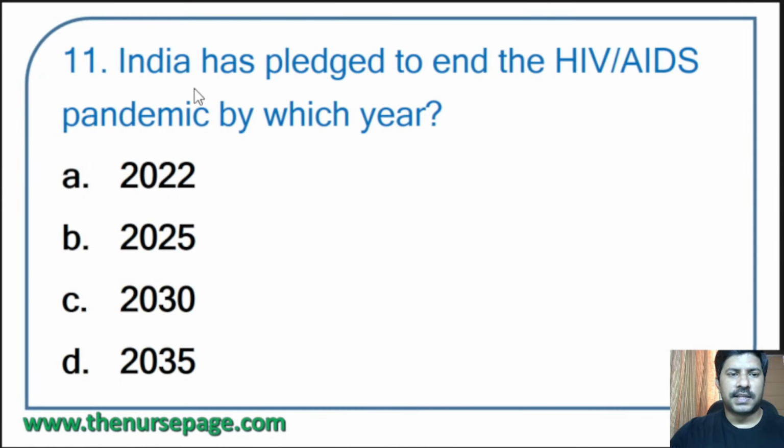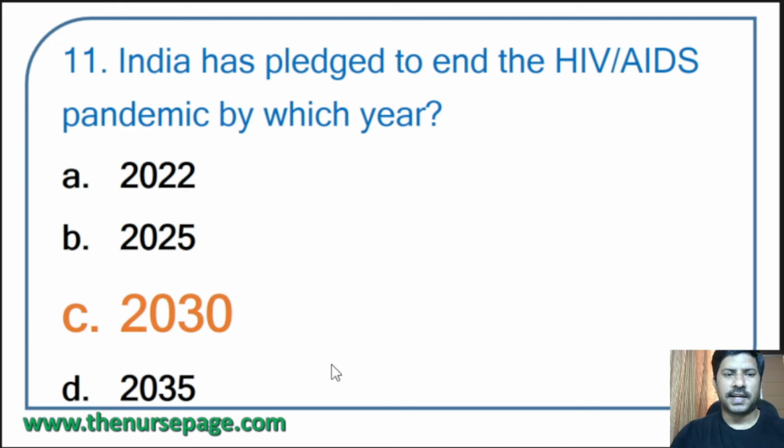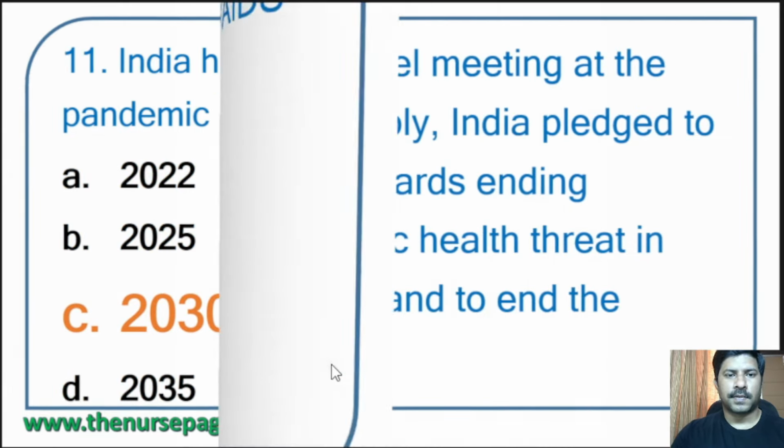Then 11th question. The next questions are from general knowledge. India has pledged to end the HIV or AIDS pandemic by which year? 2022, 2025, 2030, 2035. Correct answer 2030.